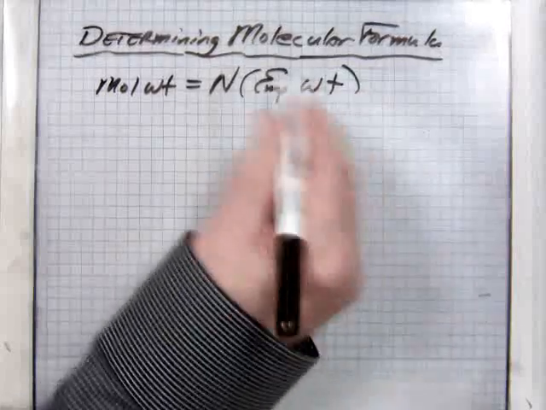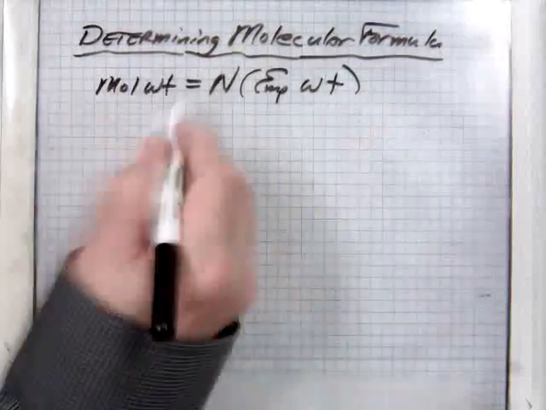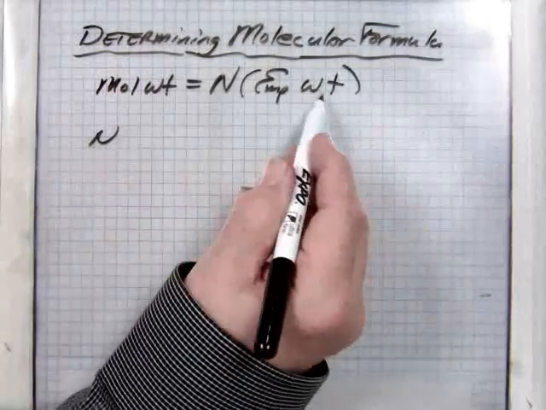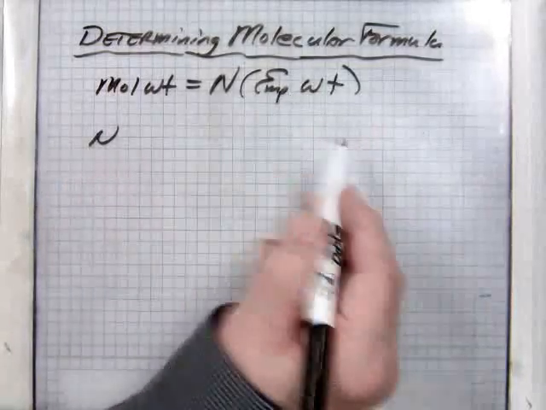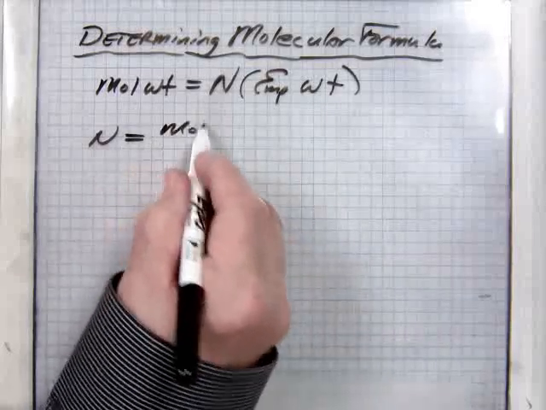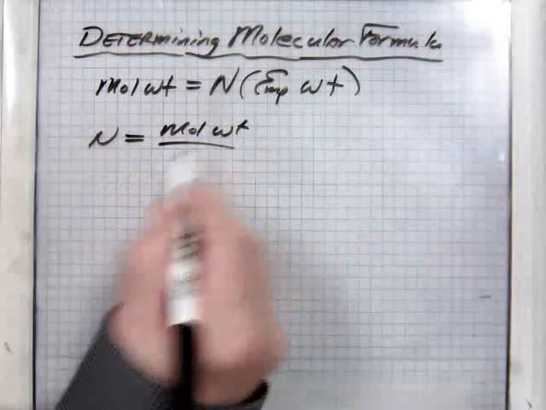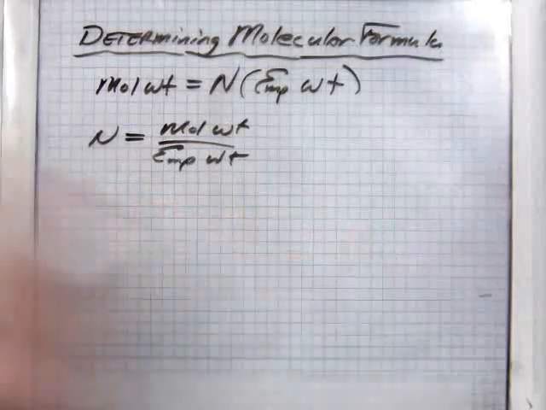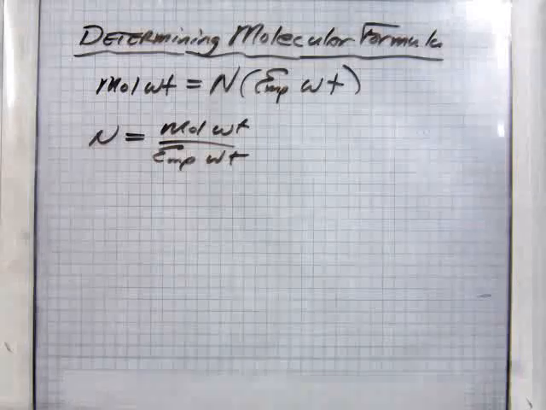So if you happen to have the empirical weight and the mole weight, you can get the whole number multiple and distribute it through the empirical formula to get the molecular formula. Okay, let's look and see what that's all about.